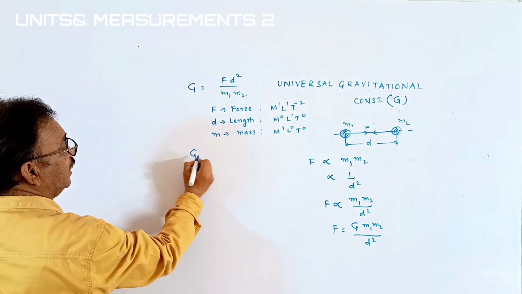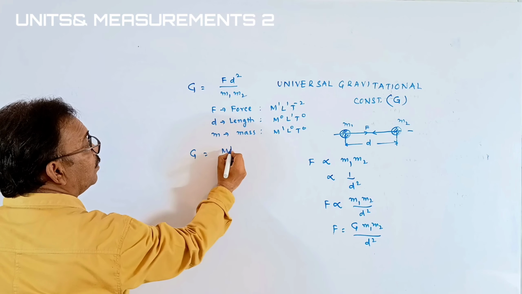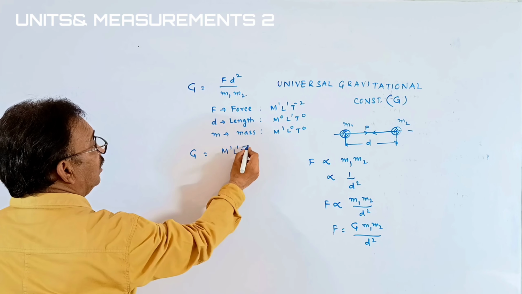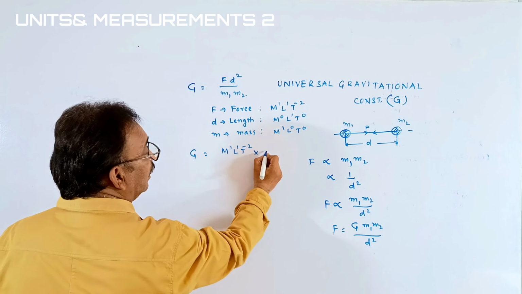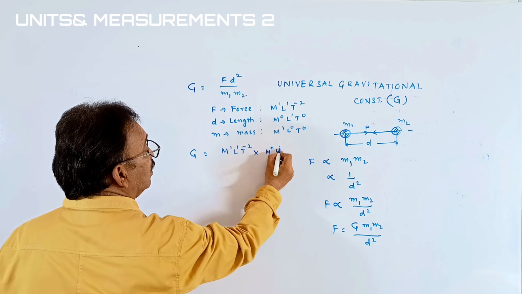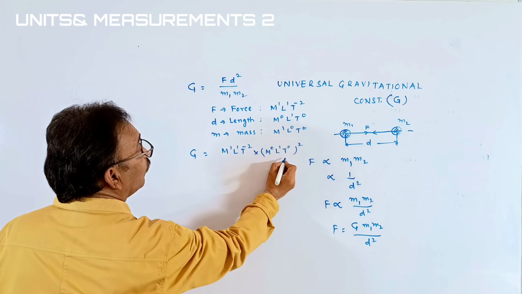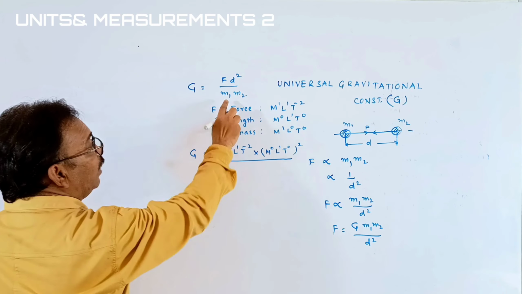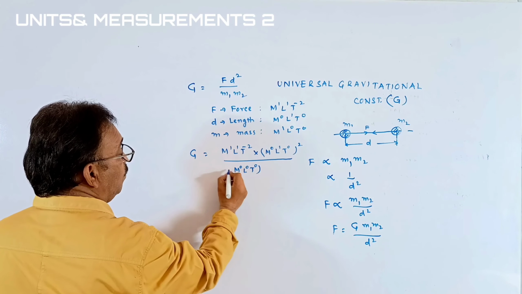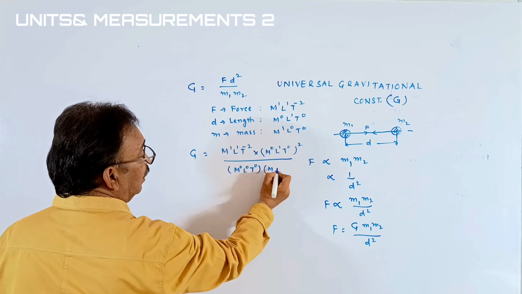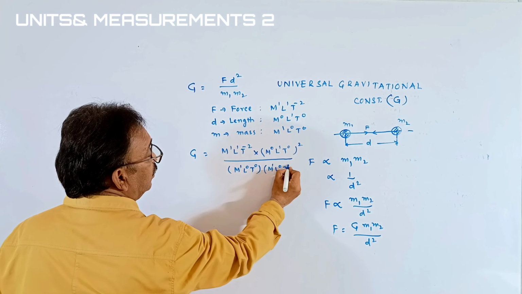We have to put all these things here. That is, G can be written as F, which is M1 L1 T inverse 2, multiplied with length M0 L1 T0, squared, upon M1 L0 T0 multiplied with M1 L0 T0.